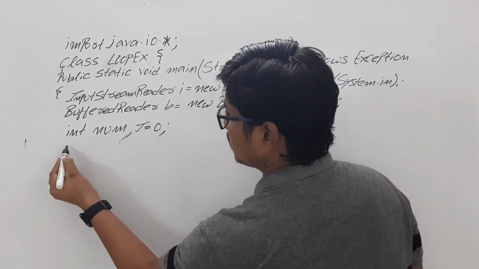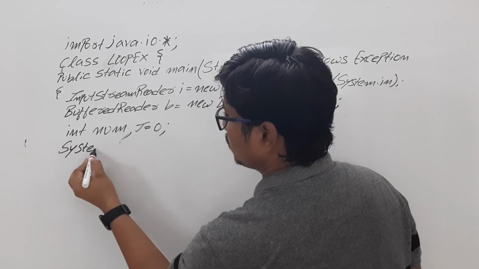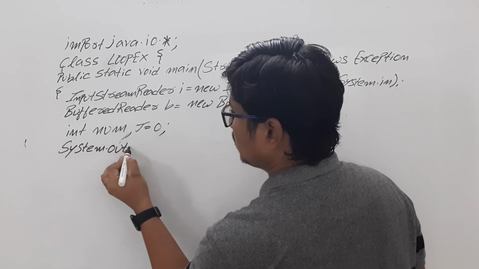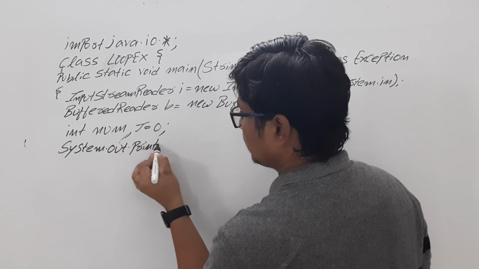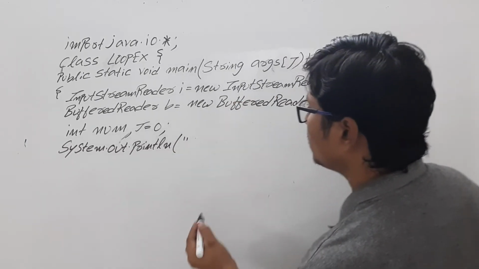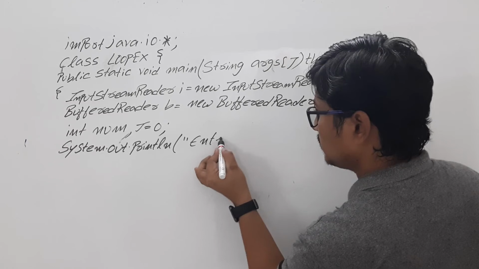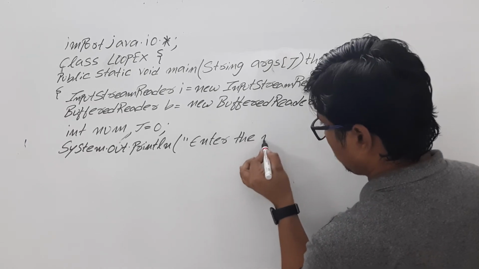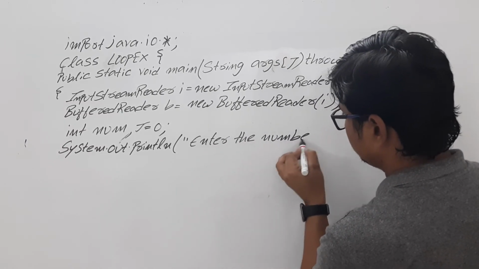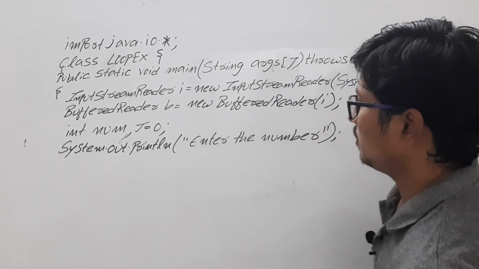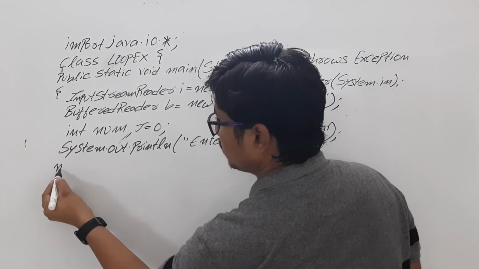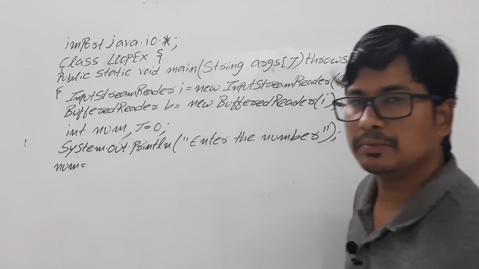Then you can ask the user to enter the number. System.out.println("Enter the number"). Once the user has entered the number, you need to read it and store it in the variable called num.